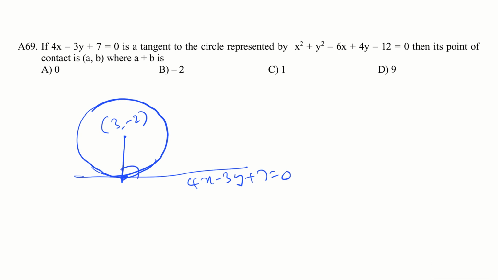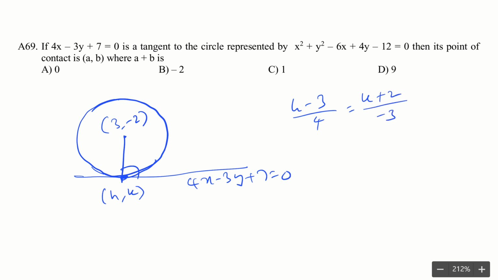Applying the formula, if I call this h comma k, h minus x1 by a is equal to k minus y1 by b is equal to minus of the point in the line, divided by a square plus b square. So I am getting it as 25 by 25.